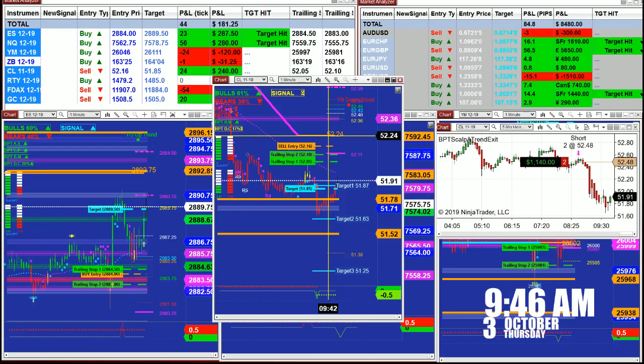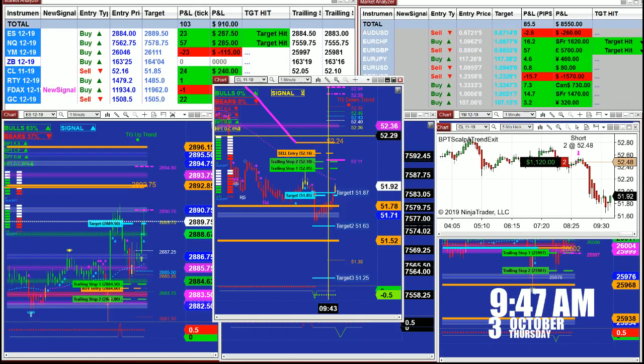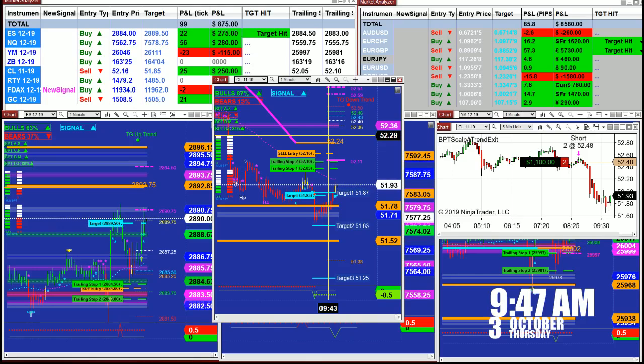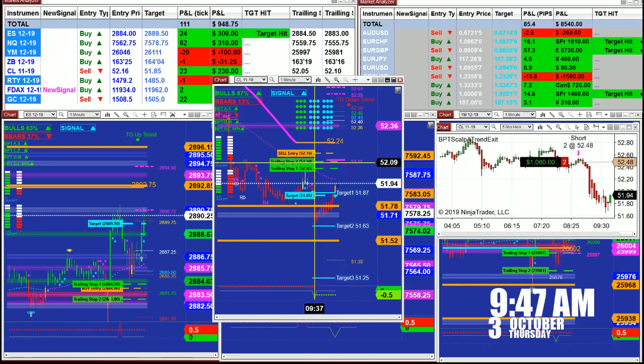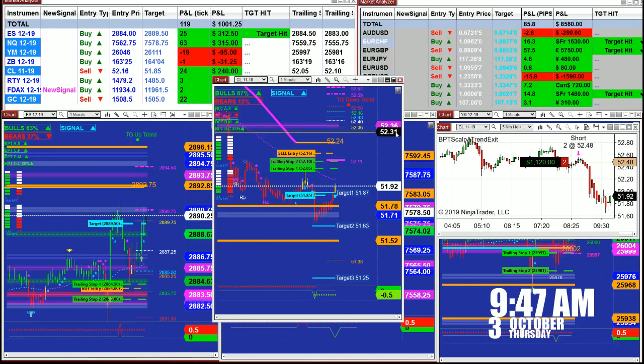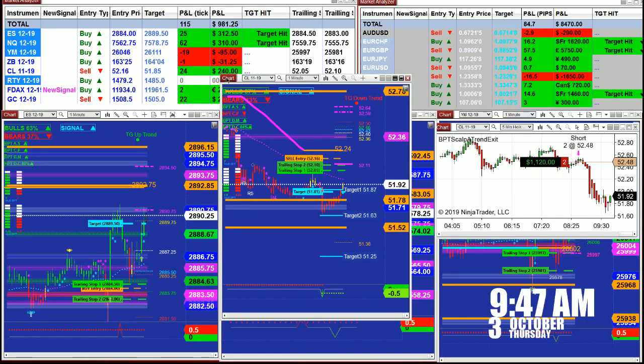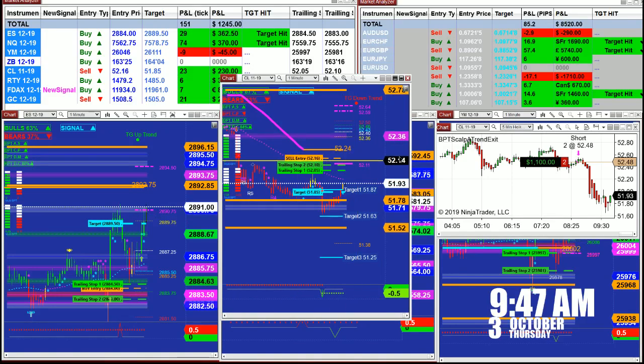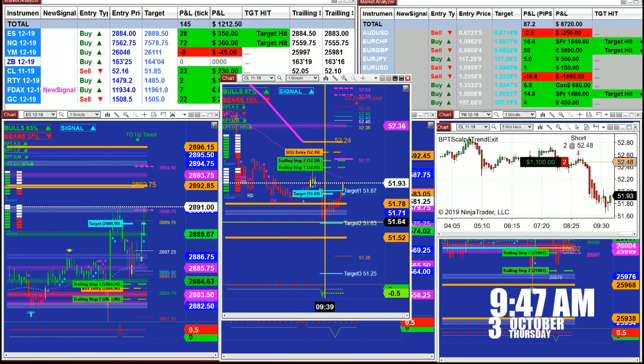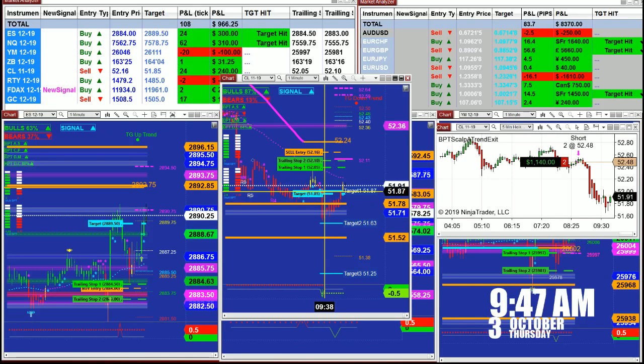So you still need to think short on the CL until we break those floor and fibs and the 52.24. So this is not looking good for the CL trader to go long at the moment. It's too early to go long. Plus, what happened here, we hit an early target 2, profit taken on target 2, come into target 1.